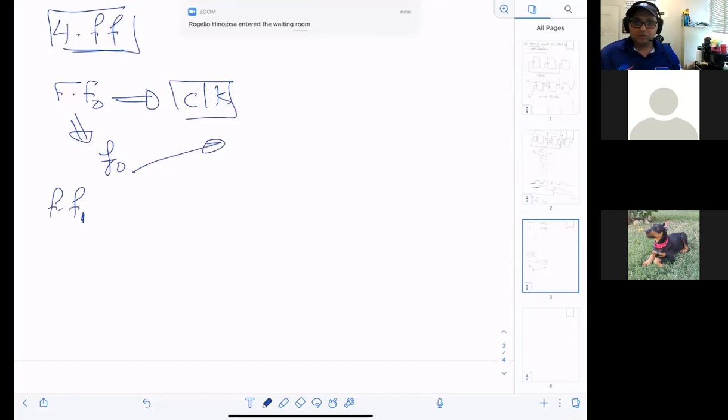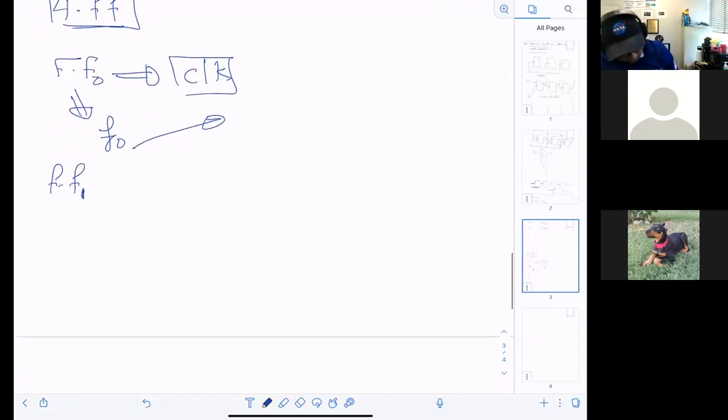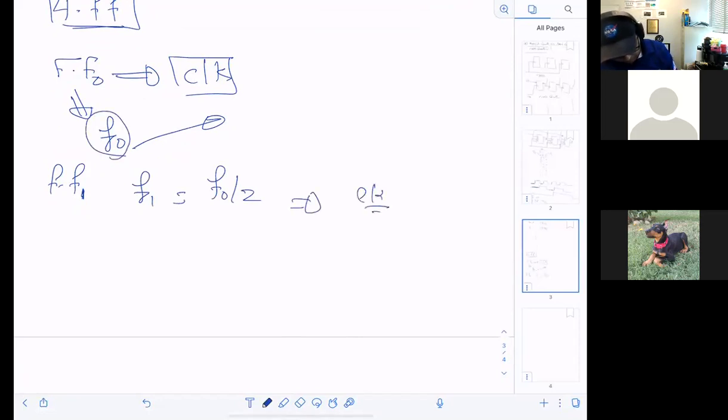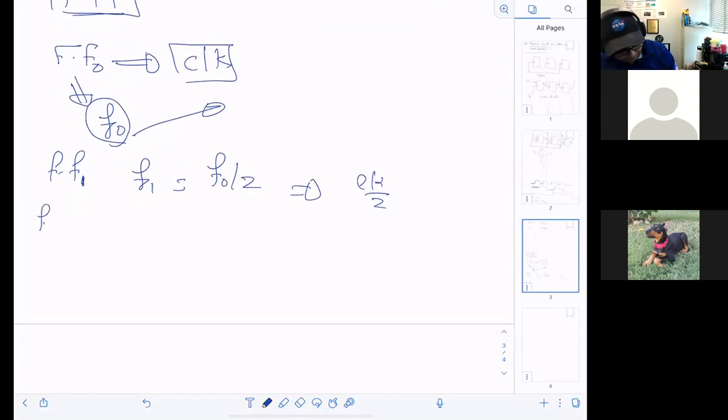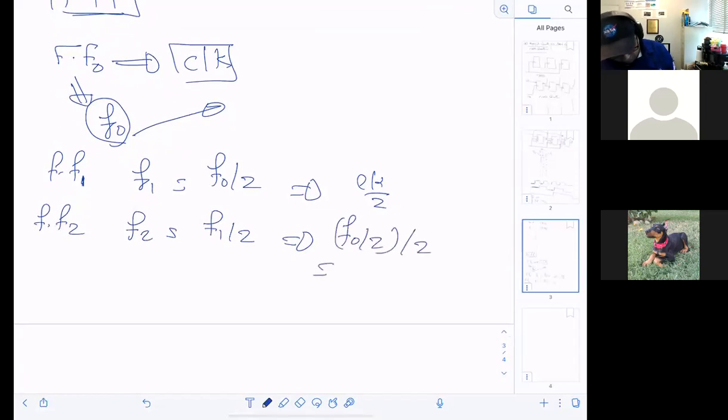So now we're gonna work like this. I have F1 equal to F0 divided by 2, which is basically what? F0 is clock, so it's gonna be clock divided by 2. Now I have flip-flop number 2. F2 is actually F1 divided by 2, which is F0 divided by 2 divided by 2, which is F0 divided by 4, which is basically clock divided by 4.